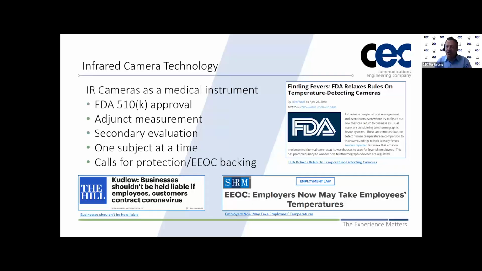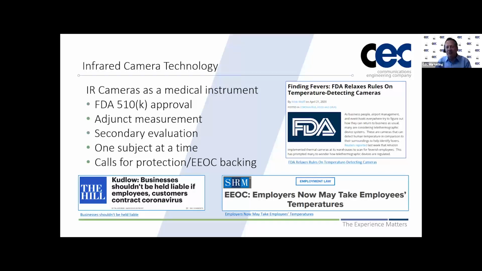However, they have come out recently with some guidance and stated that cameras that detect human body temperature may be considered medical devices and may fall under their jurisdiction. Well, it's just like a government agency to be supremely vague in that matter, isn't it?